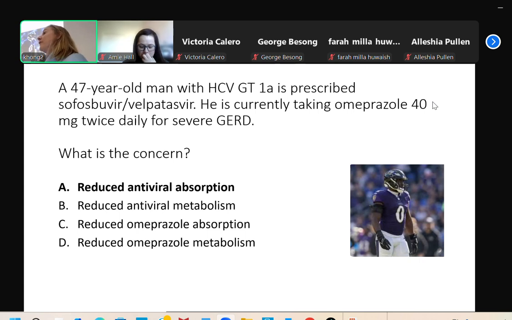The reason you can't give them together is that the PPI will raise the pH of the stomach and hence reduce the absorption of Epclusa or Harvoni, okay?